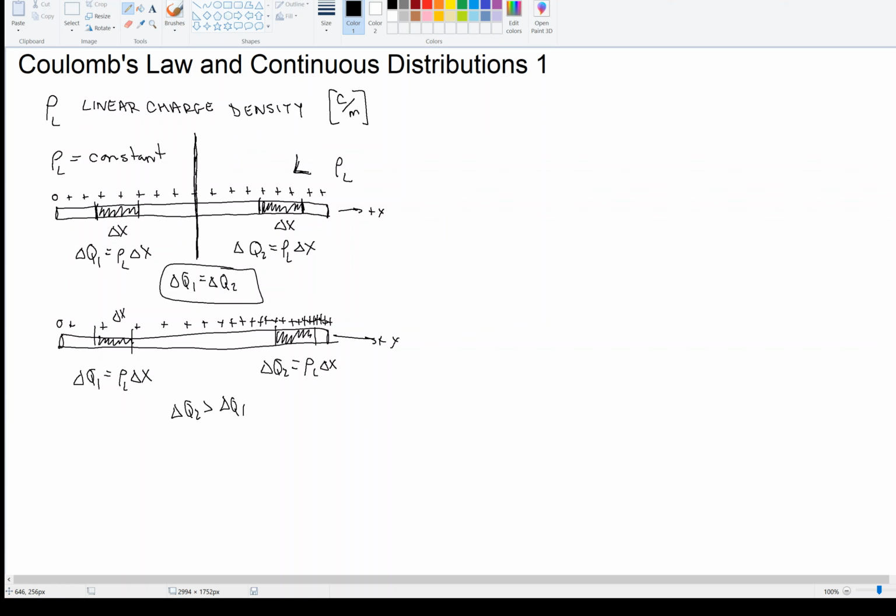All right, so let me simplify the drawing. So here's, we'll say this is my rod of length L, right? And we're going to find the electric field anywhere on that line that's perpendicular to its midpoint. So here's the process.